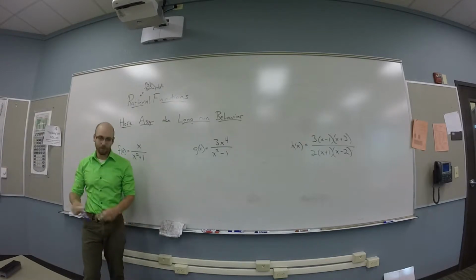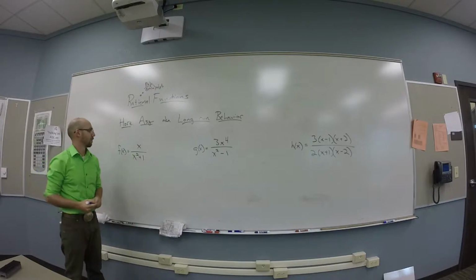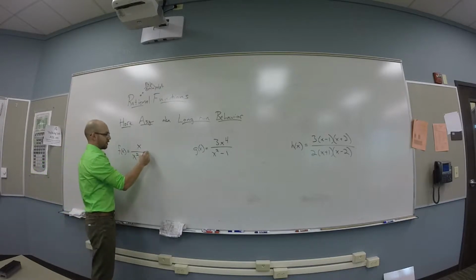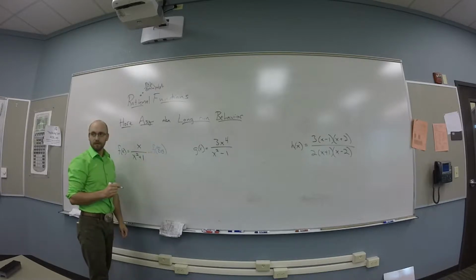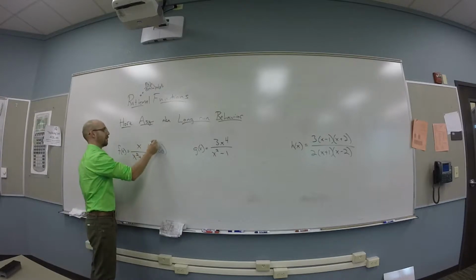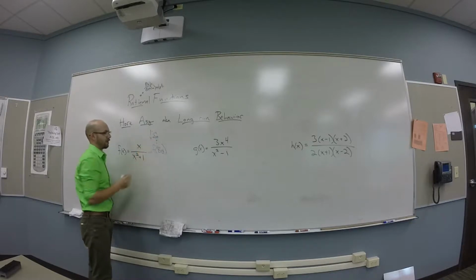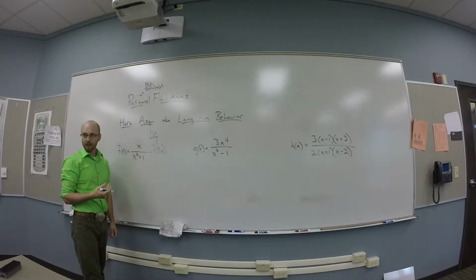So first things first, to get horizontal asymptotes, just think about f of a big number. So really what I'm doing is taking a limit as x tends to positive infinity. And then I might also think about a limit as x tends to negative infinity.